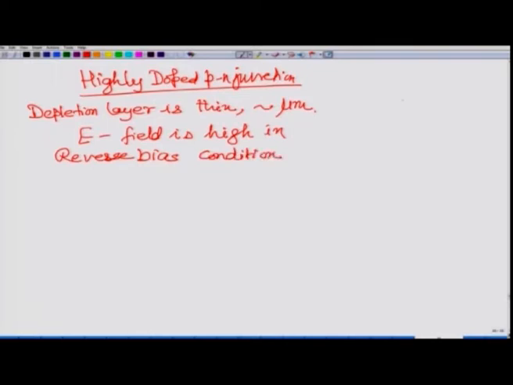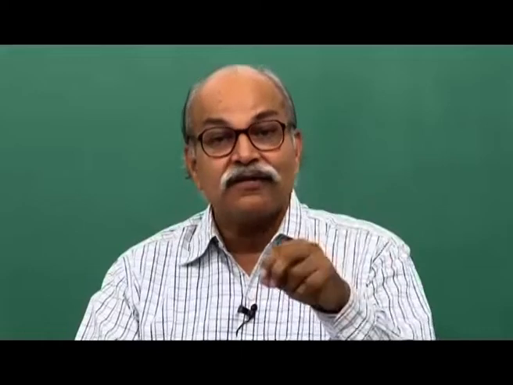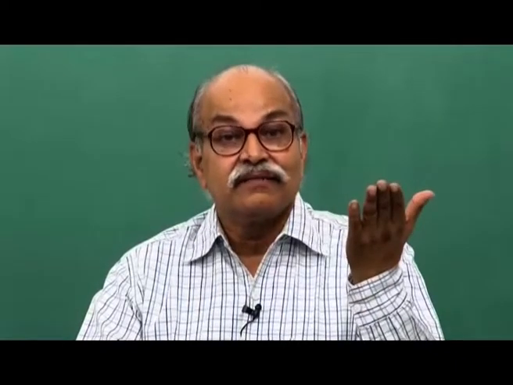So, a very thin depletion layer and a large electric field give rise to a new phenomenon in which the valence bonds are broken under this electric field itself, no impact, no collision, but these electrons go to the conduction band.